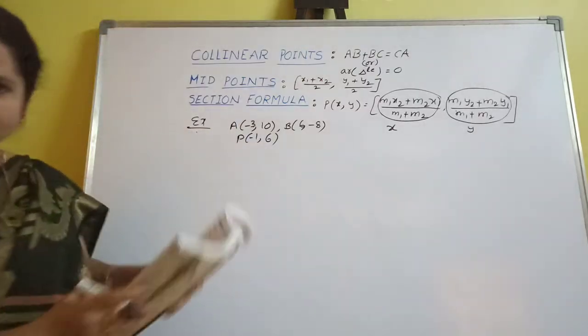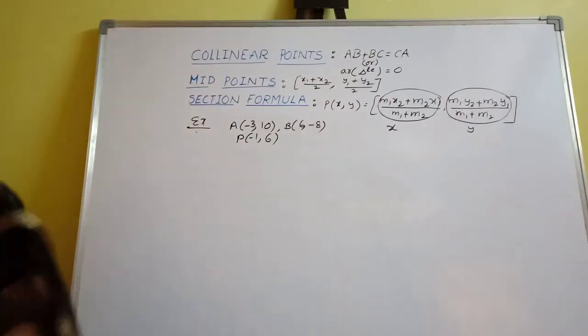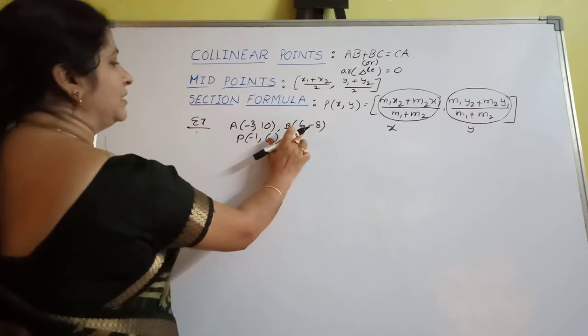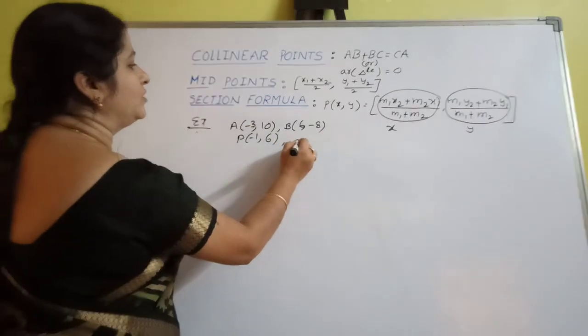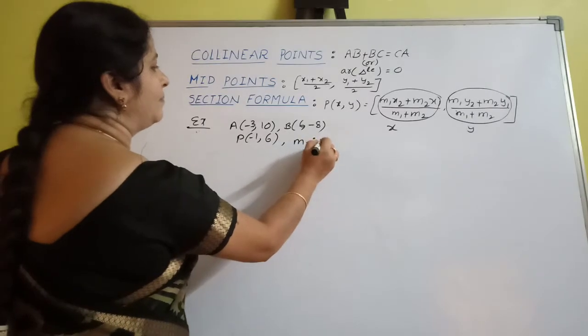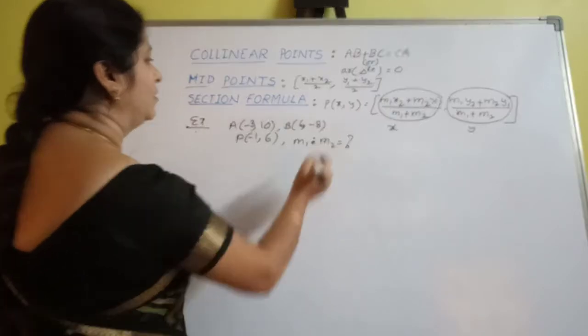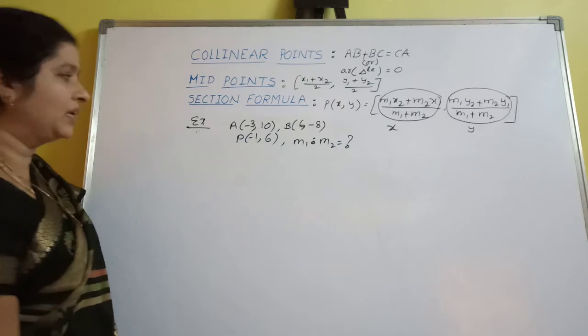This is another model. Here once observe, the line joining the 2 points is given and the dividing point is also given. You have to find the ratio m1 is to m2 only. This is another model. What is the value of m1 is to m2?